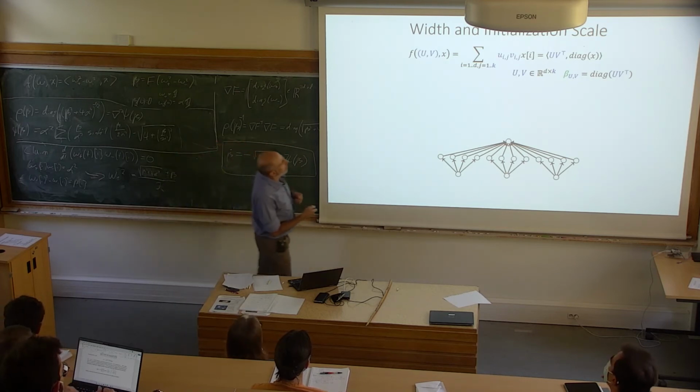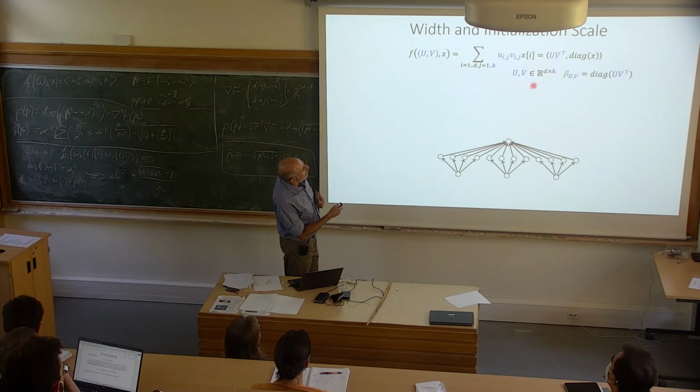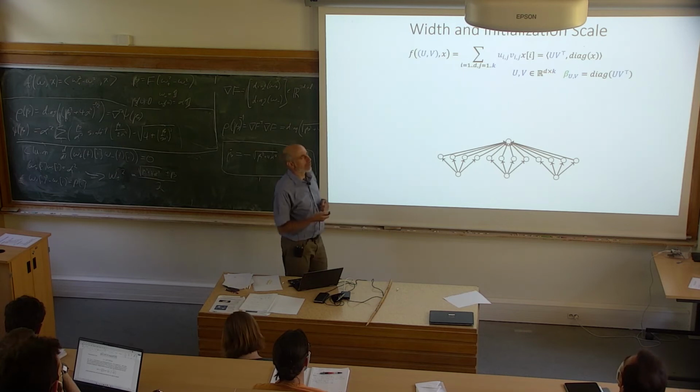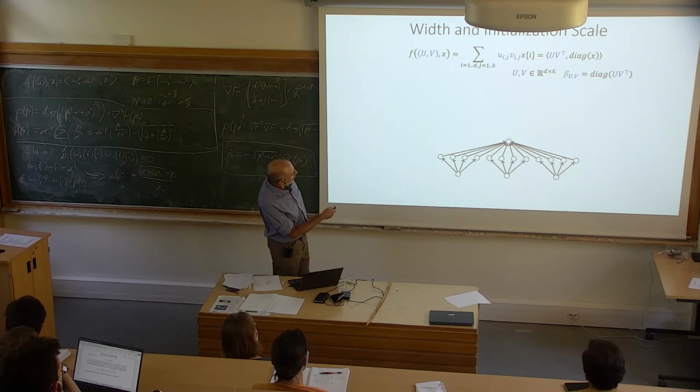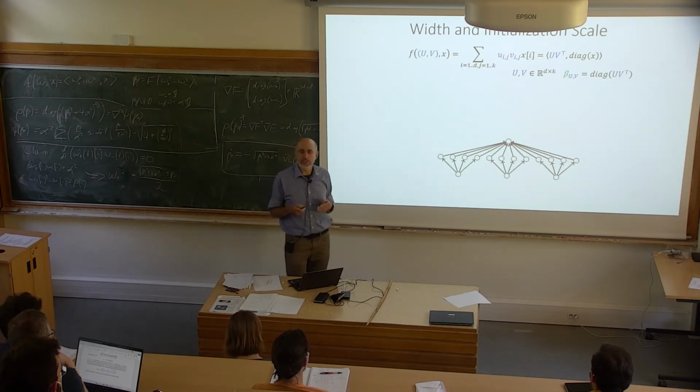Formally, the way I'm writing my function beta is the diagonal of u times v, where u and v are matrices. For each coordinate I have a vector u_i and a vector v_i, and I'm multiplying these vectors together.